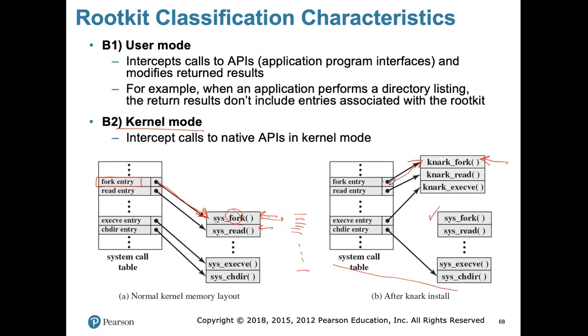This is the user code, and here is the operating system API. Instead of calling the intended API, the user jumps to a different API, which is written totally differently by the hacker, and it may do whatever it wants. This is called a kernel mode rootkit.